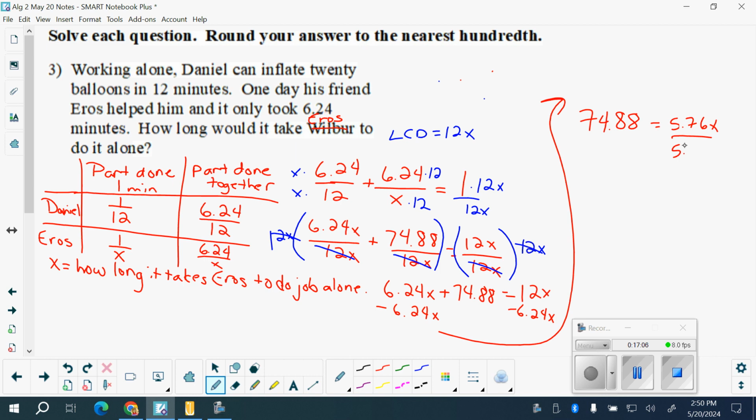And then divide by 5.76. So it takes 13 hours for Eros to do the job.